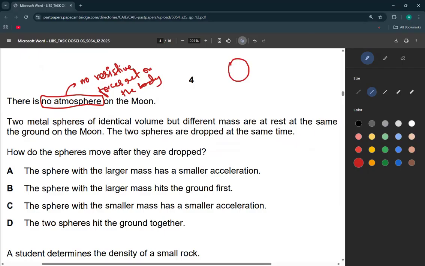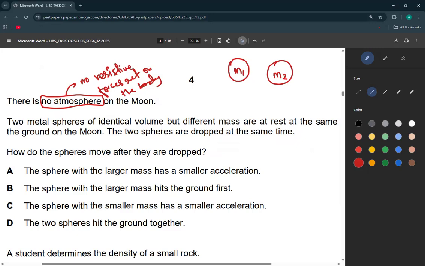So sphere 1, sphere 2, M1, M2. If there would have been atmosphere on the moon, would it be dependent on the masses of the falling objects? So the answer is no. Very good. No. Why? Let me explain that.